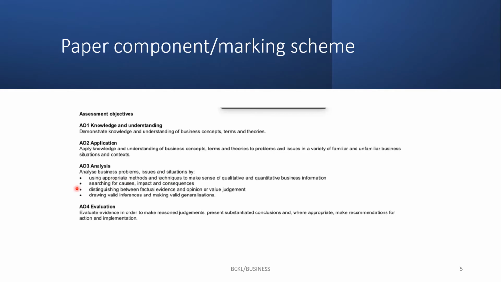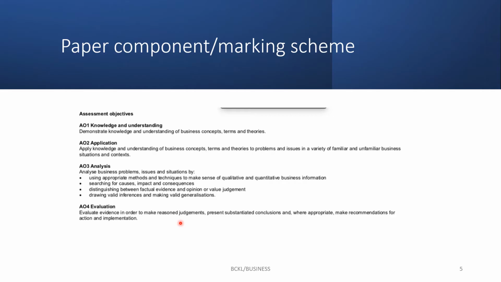You must also be able to distinguish between factual evidence and your opinions or value judgments, drawing valid inferences and making valid generalizations. So this is your analysis part, which is O3, and then we move to O4, which is the evaluation, using evidence to make reasoned judgments.